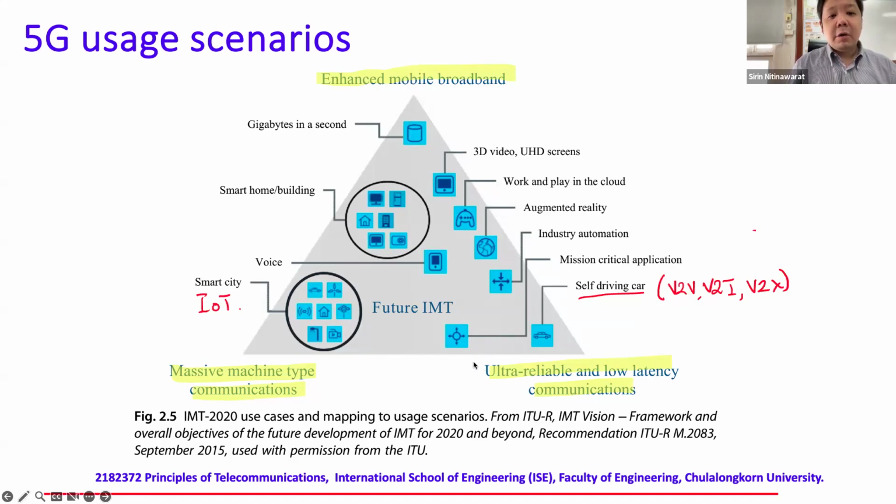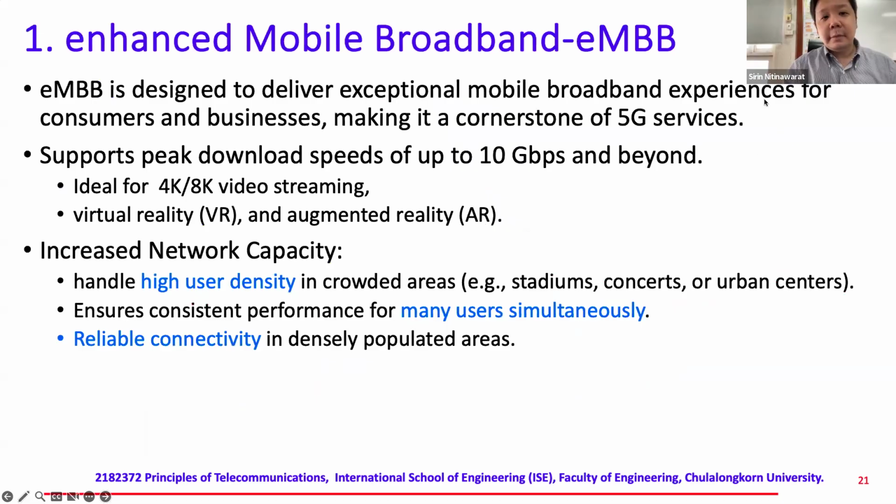For URLLC, of course, the primary specific application is autonomous vehicles, but there are other applications that could be supported by the network design for this URLLC service category as well. And of course, for massive machine type communication, the primary application should be smart city.